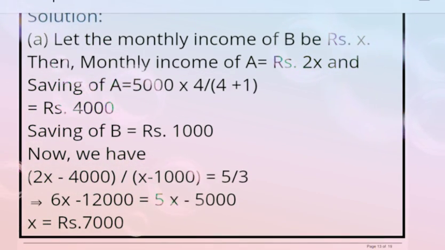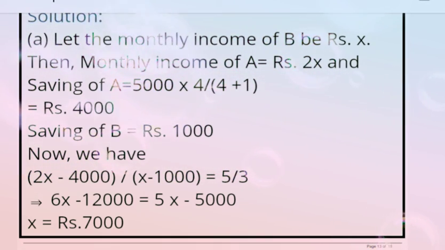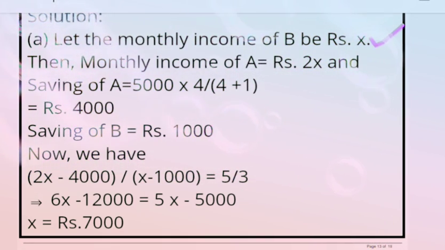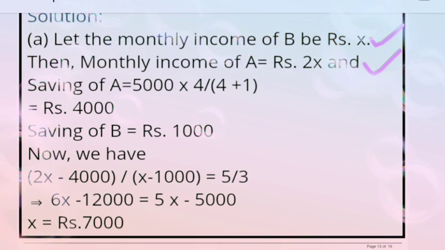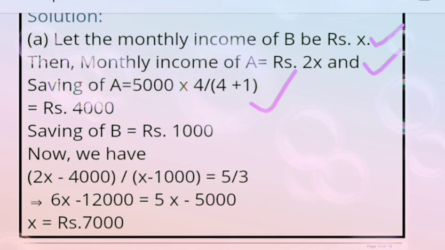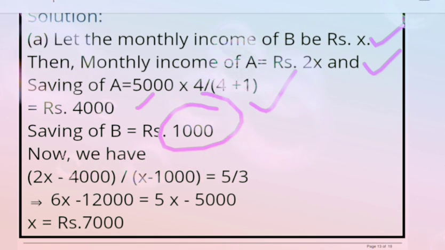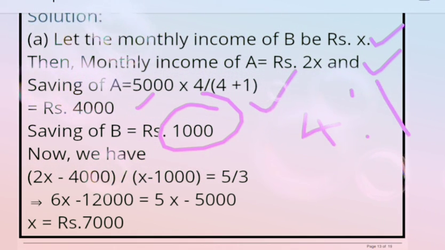Let the monthly income of B be x rupees. Then the monthly income of A is going to be 2x, because the ratio of A and B is 2:1. Now on the basis of the ratio, the saving of A is equal to 5,000 into 4 upon 5, that is 4,000, and the saving of B is equal to 1,000, on the basis of 4:1.